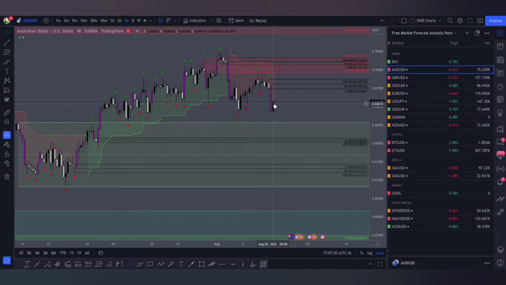So we may see this pair go ahead and pull back up into either this unmitigated 4-hour supply, possibly this unmitigated 4-hour supply, or the unmitigated institutional distribution zone that I have marked here.